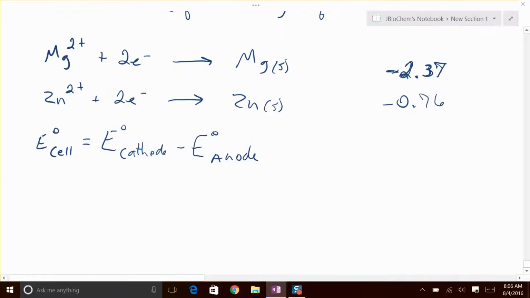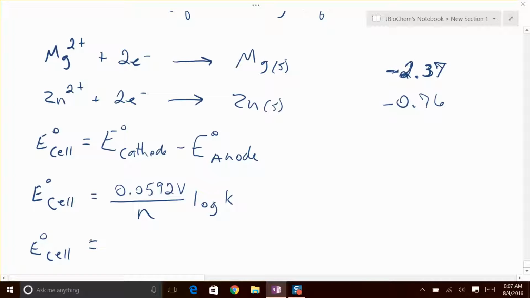We're going to use that equation, and you're going to want to use E naught of the cell equals 0.0592 volts over N log of K, or E naught of the cell equal to 0.0257 volts over N natural log of K. Okay, so you have those two options, either one of those, to find K, but you have to start out with this, right? Because you got to find out what E naught of the cell is.